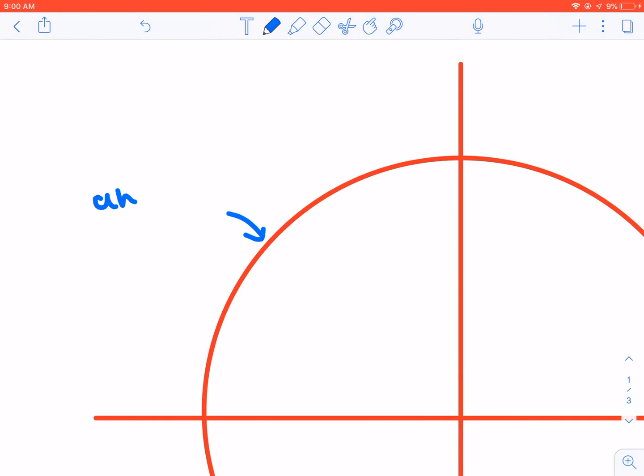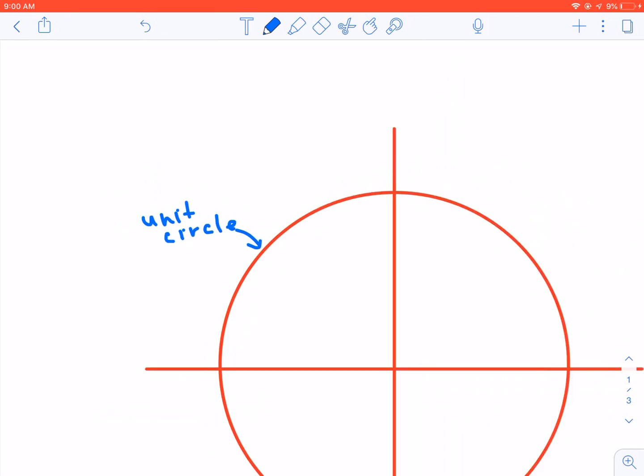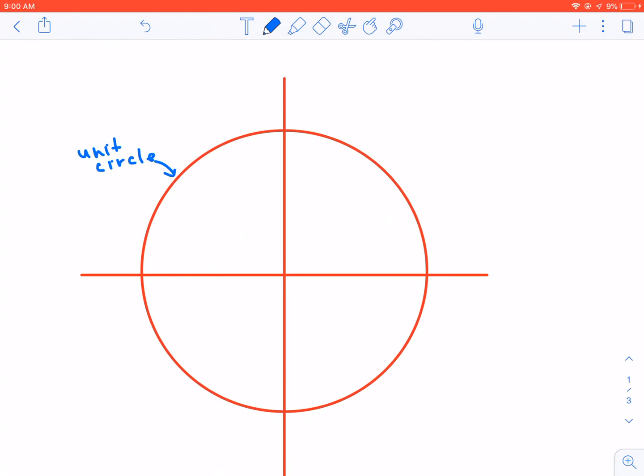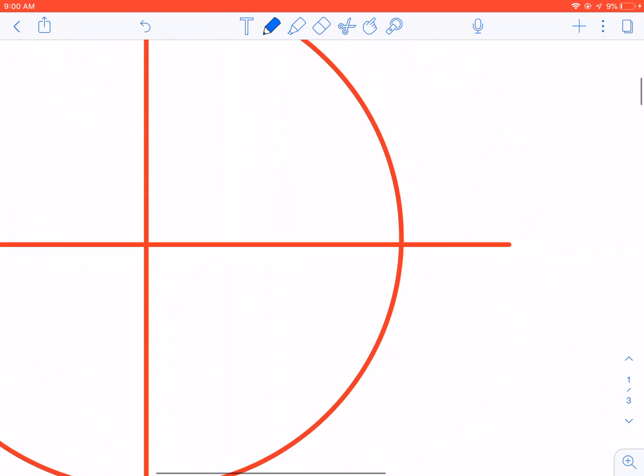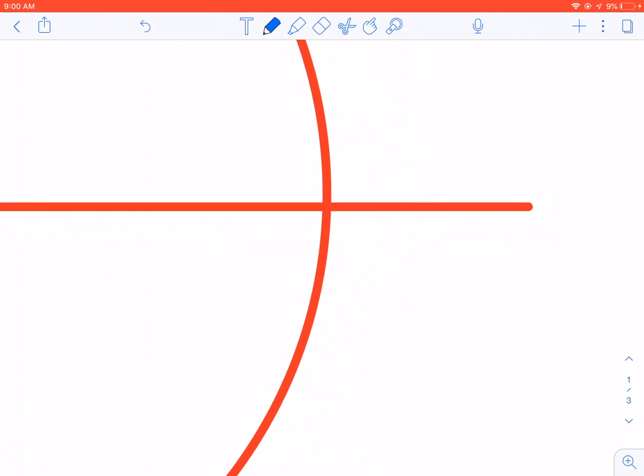The unit circle. So that word unit, that's one unit. So this is a circle of radius 1. So if the radius of this circle is 1, and it's centered at the origin, 0, 0, well, let's think about this on a coordinate plane.